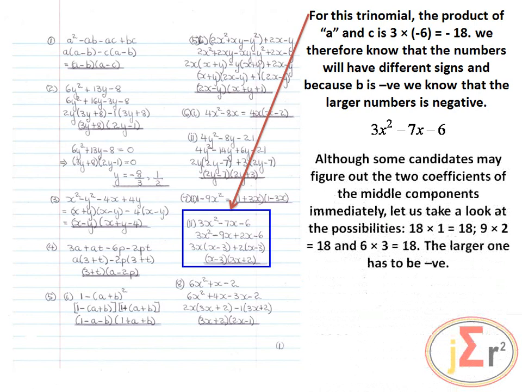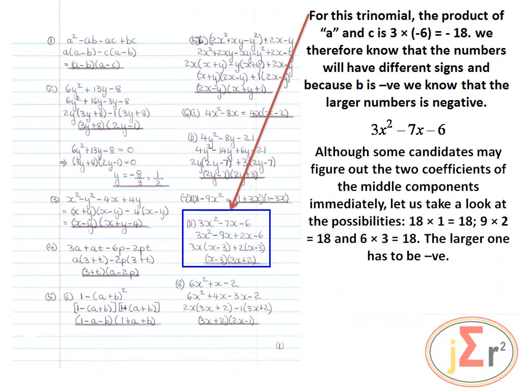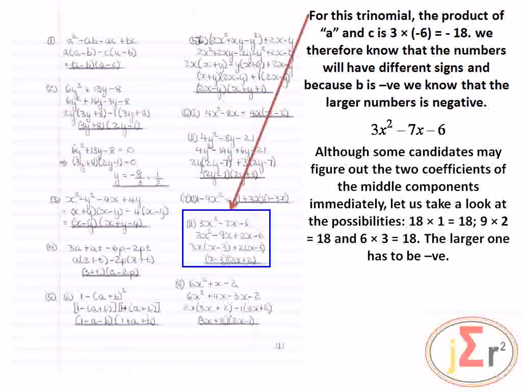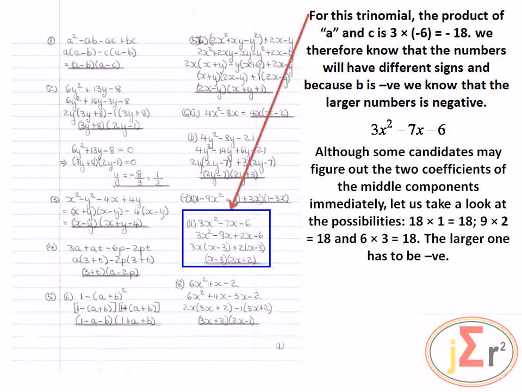Although some candidates may figure out the 2 coefficients of the middle components immediately, let us take a look at the possibilities. We have 18 multiplied by 1 is equal to 18, 9 2s 18, and 3 6s 18. The larger one has to be negative.